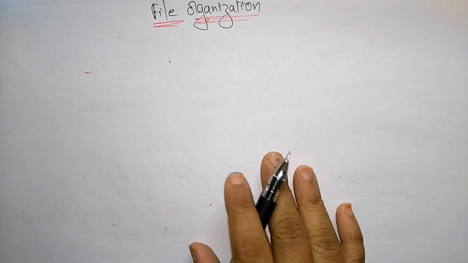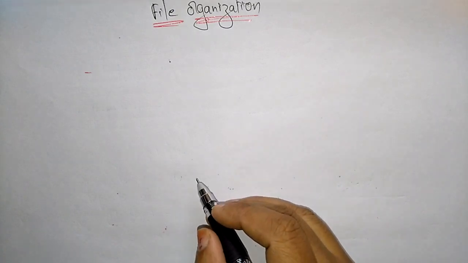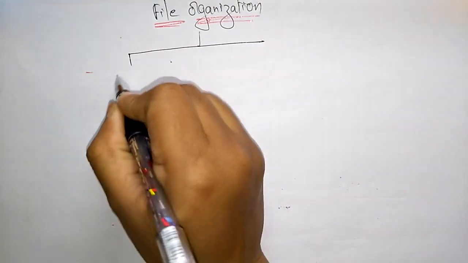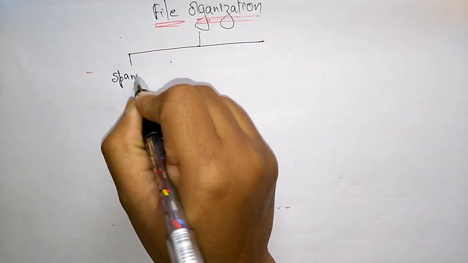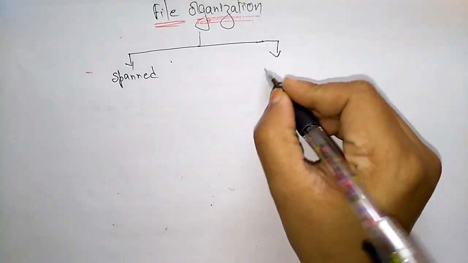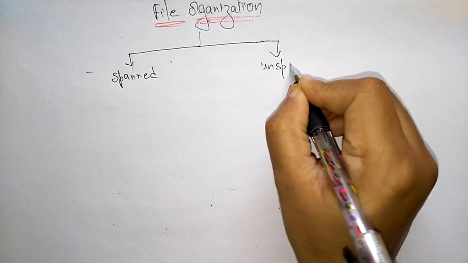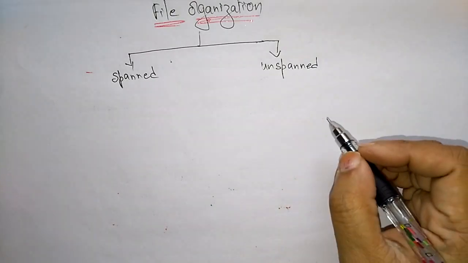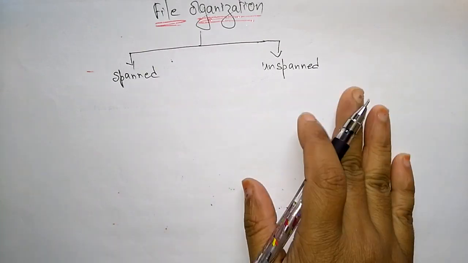Now, the file can be organized in the hard disk in two ways: one is spanned, another is unspanned. So a file can be stored in the hard disk in the spanned organization or in unspanned.